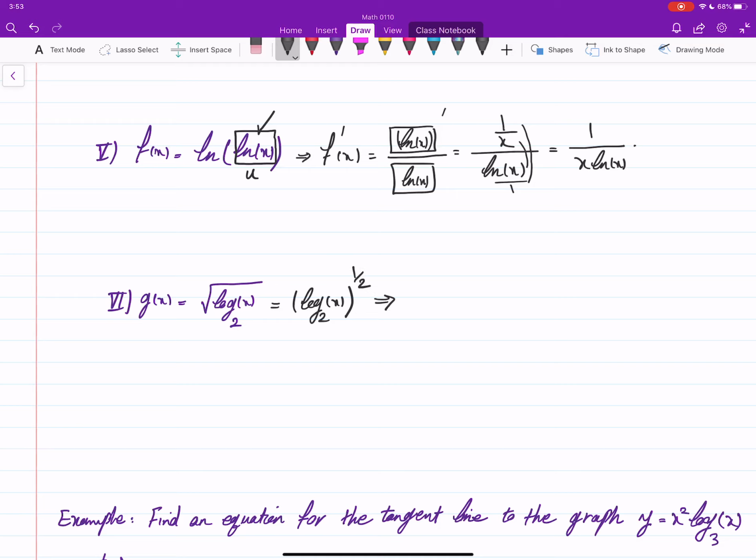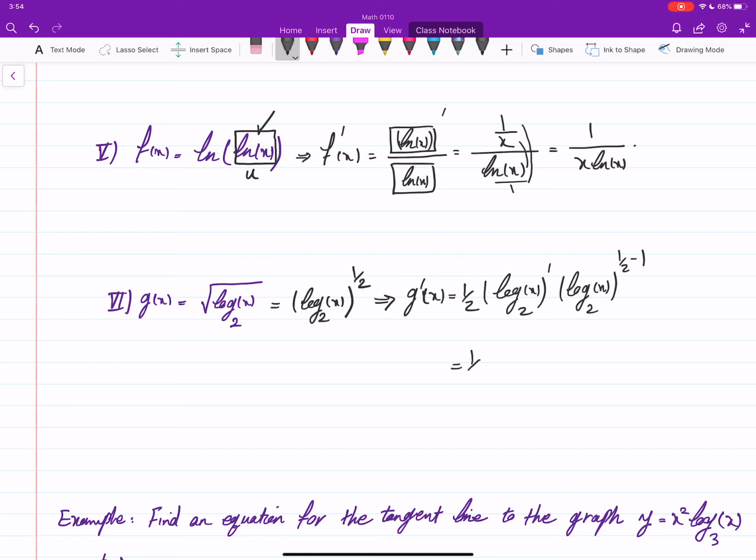Now you want to do the differentiation, and you need to apply the general power rule. So it will be n times the derivative of log x base 2 times log x base 2 to the power 1 less.